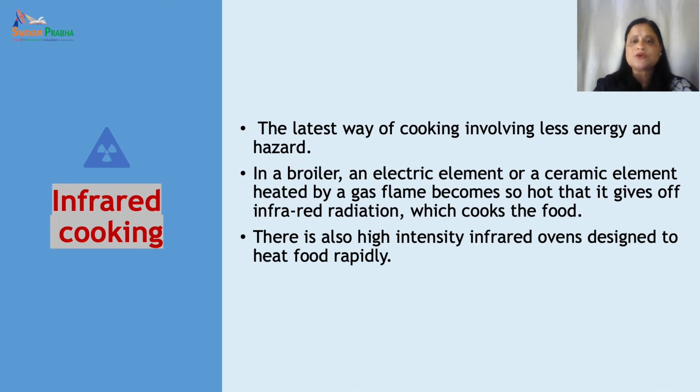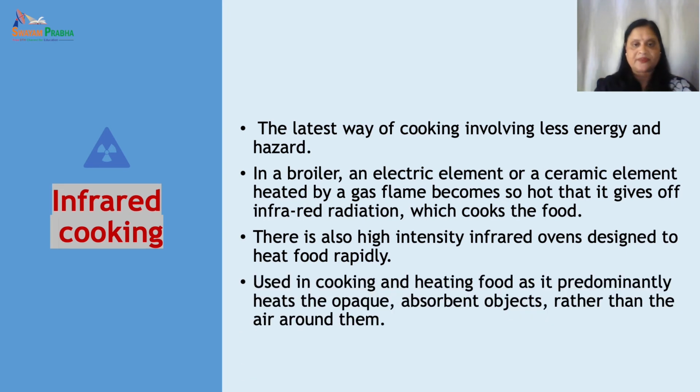There are also high intensity infrared ovens designed to heat food rapidly. Infrared can be used in cooking and heating food as it predominantly heats the opaque absorbent objects rather than the air around them.